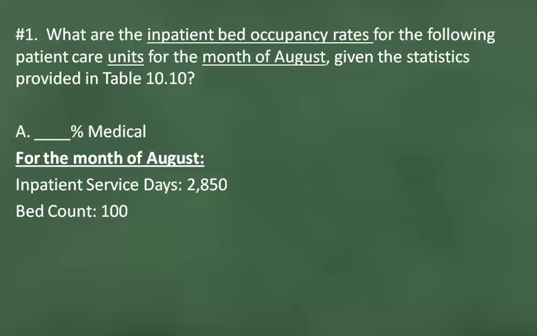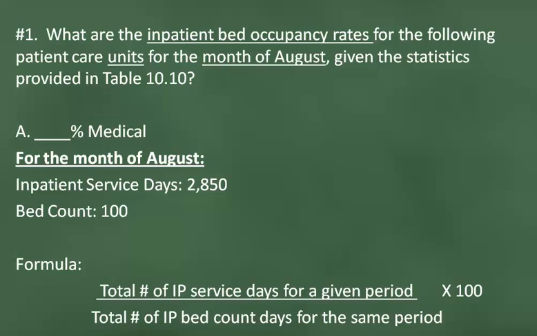So is there a formula for that? Yes, there is. You can see it there at the bottom of your screen. It's the total number of inpatient service days for a given period divided by the total number of inpatient bed count days for that same period.